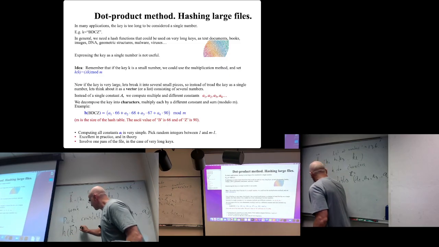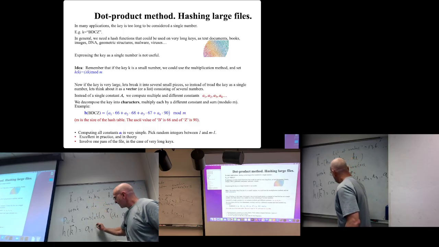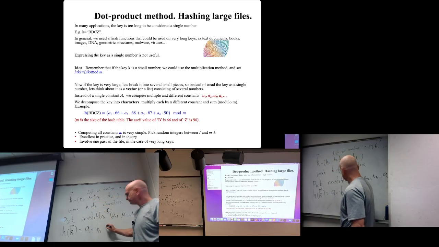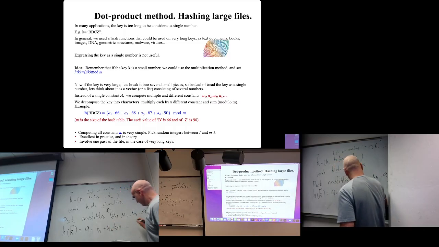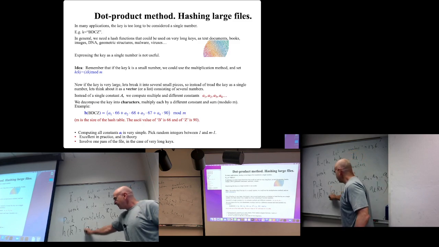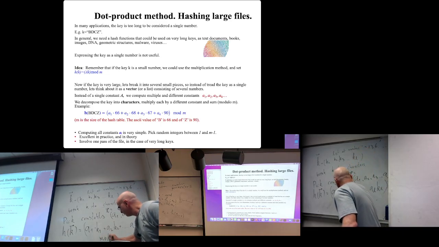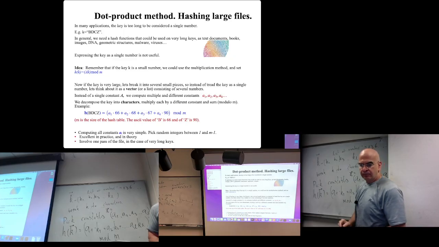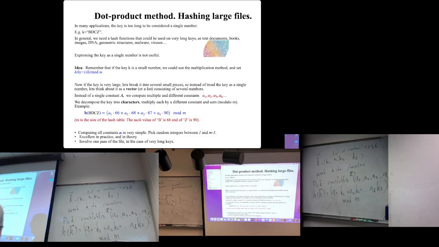And h of K is just: take the first character, K1, multiply by the first constant, A1, plus A2 times K2 plus ... up to the last constant, AL, times KL. Multiply all the individual characters by their own constants, and now we're getting some huge number as a summation. Do all of it mod M, and this is what we called the dot product method.